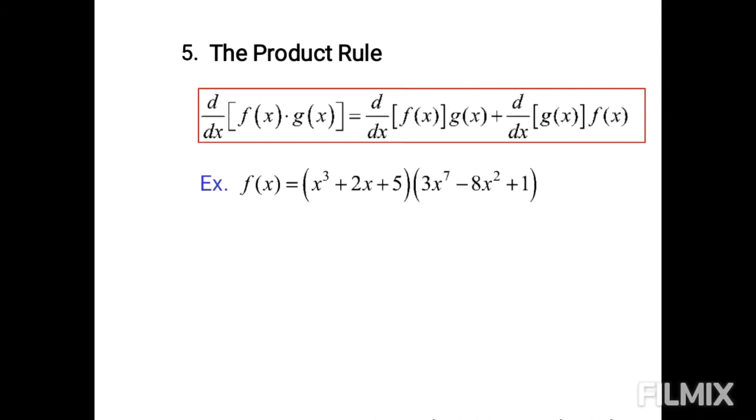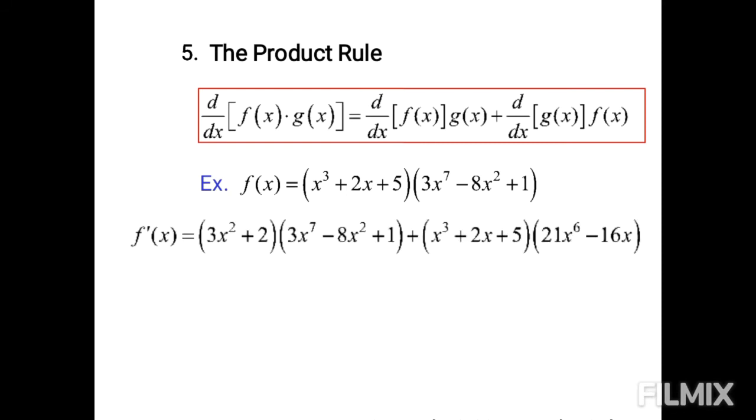Say I have f of x is equal to the quantity x cubed plus 2x plus 5 multiplied by the quantity 3x raised to 7 minus 8x squared plus 1.